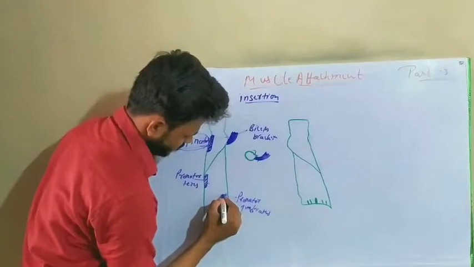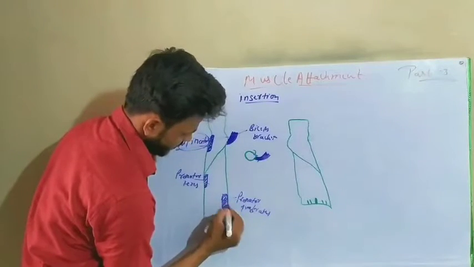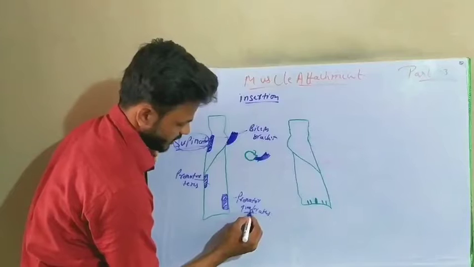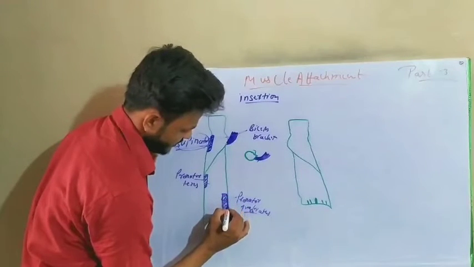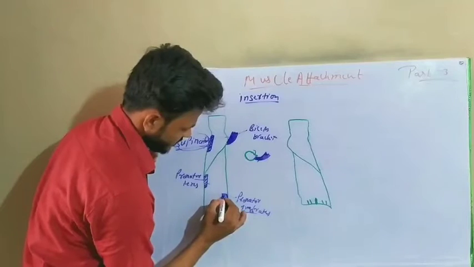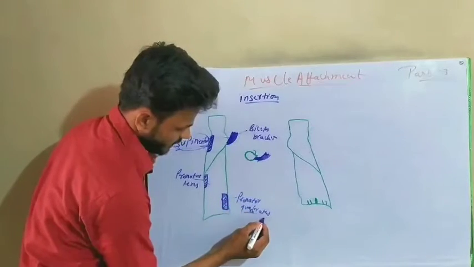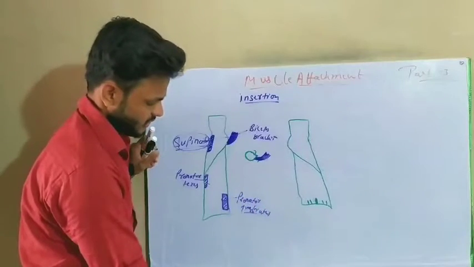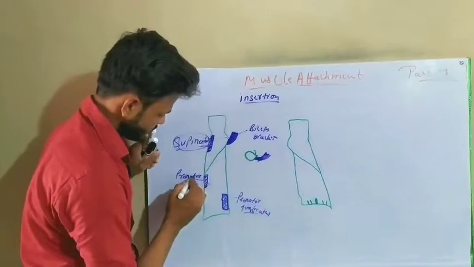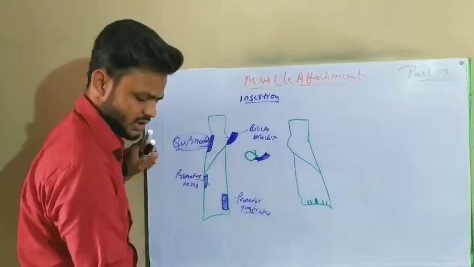This is a quadrangular muscle, that's why it is called quadratus. Quadratus means 4 sides; quad means 4. This muscle has 4 sides, that's why it is called pronator quadratus. It helps in pronation, and pronator teres also helps in pronation.